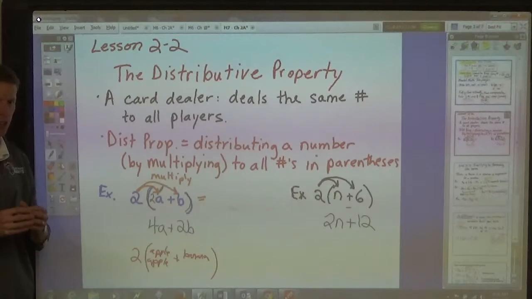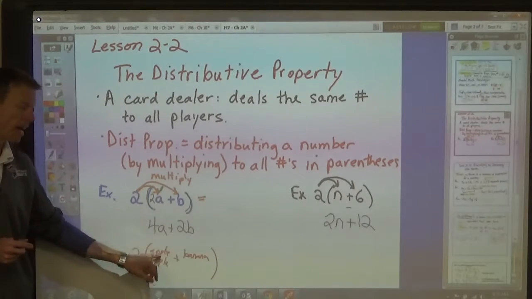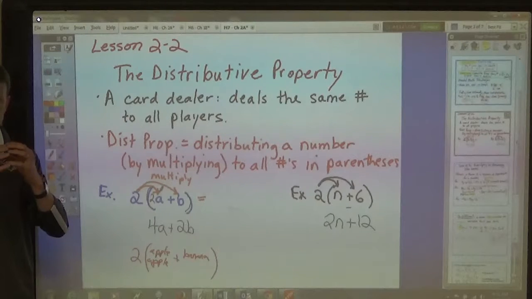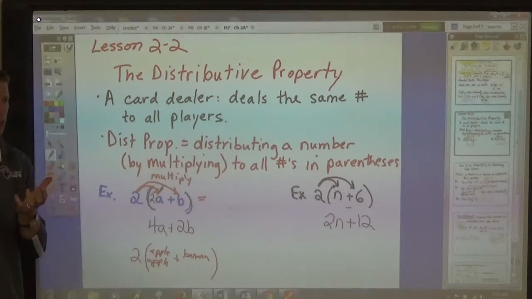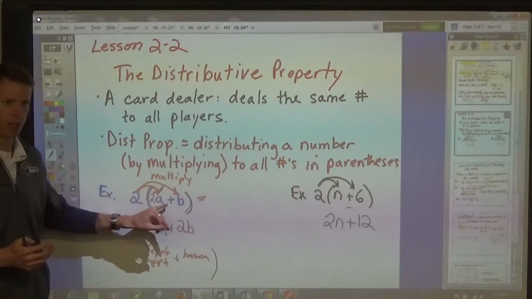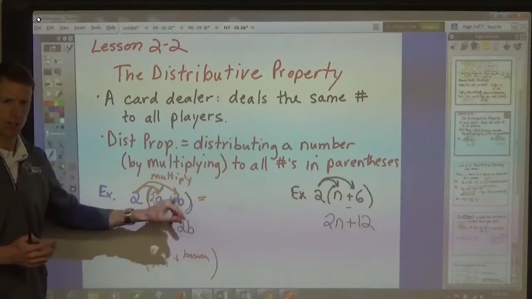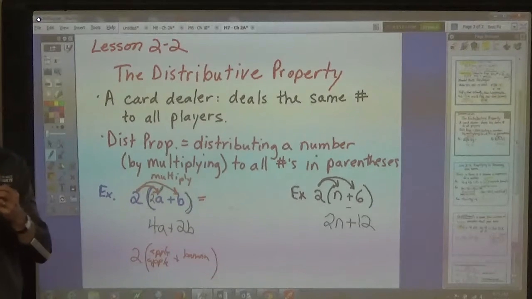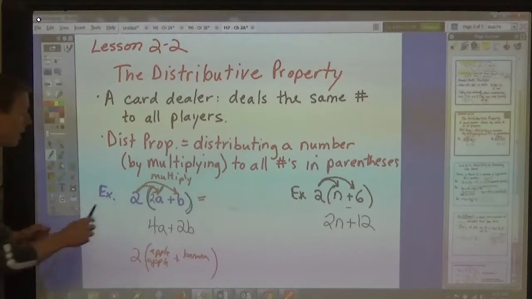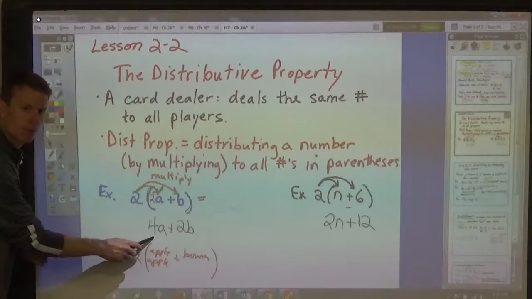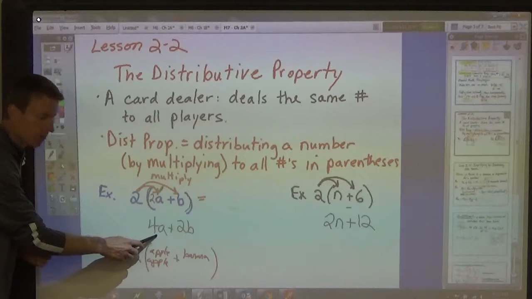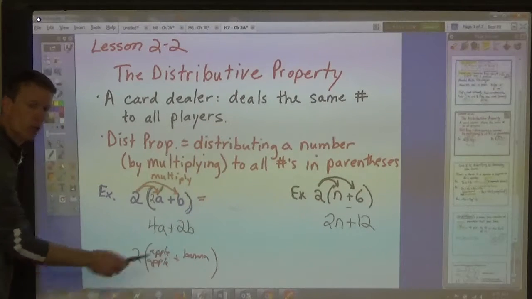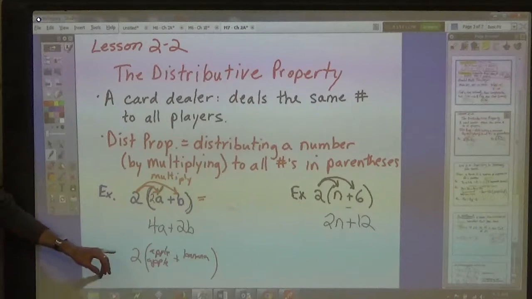You can't add apples plus bananas and use one variable to describe them. So in algebra, A's have to stay separate from B's. But you can multiply them by 2. So we can multiply 2 A's and get 4 A's. We can multiply 1 B times 2 and get 2 B's. And so that's what's left then.